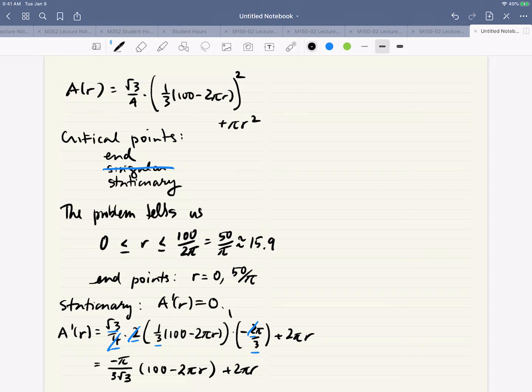Now what I want to do is isolate my r's. I want to multiply this out and group all my r's together. So I get minus 100 pi over 3 root 3 plus 2 pi squared r over 3 root 3 plus 2 pi r.